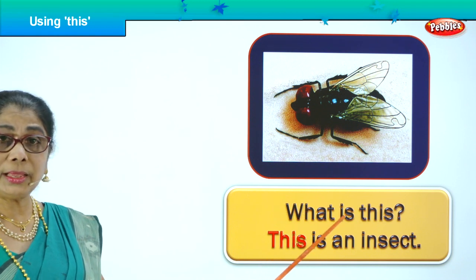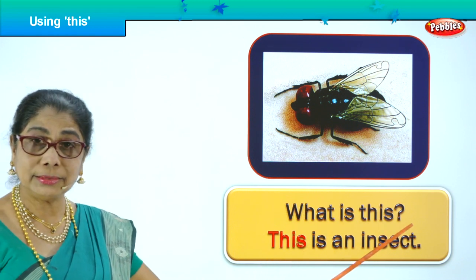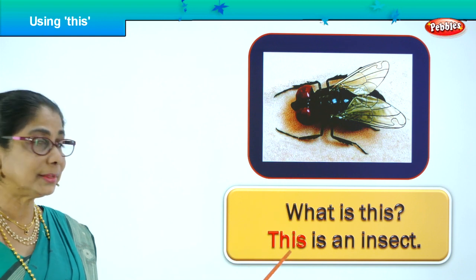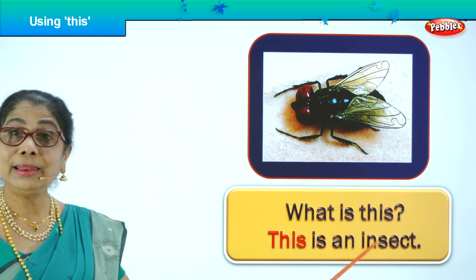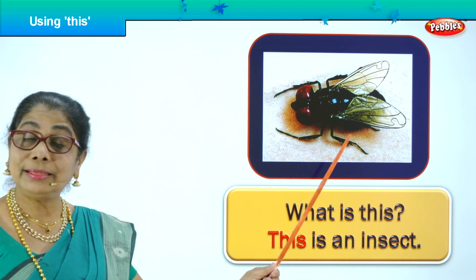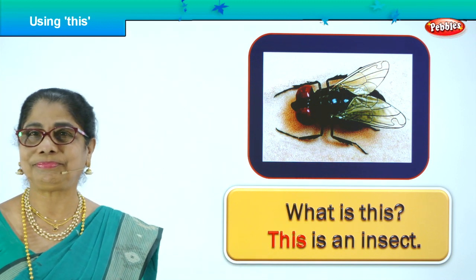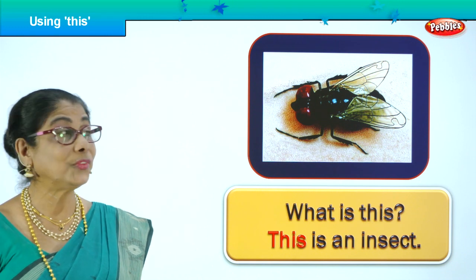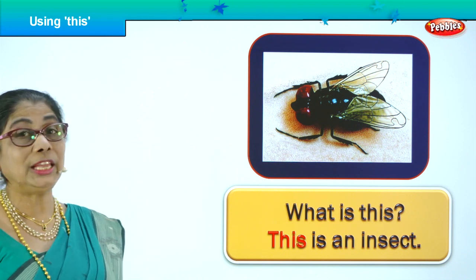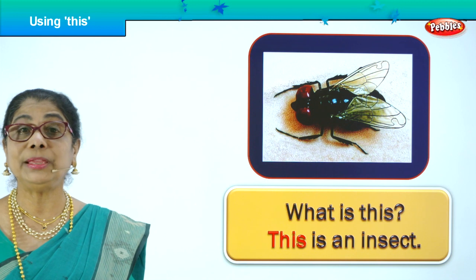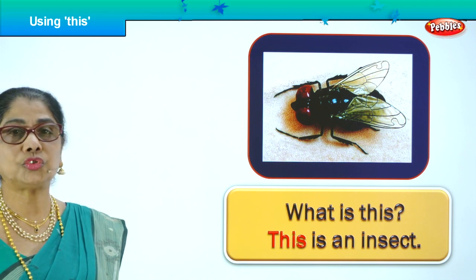What is this? Answer, this is an insect. This is a housefly. Good. So now you know houseflies are dangerous. You have to keep the sweet items, coffee, milk, all closed.